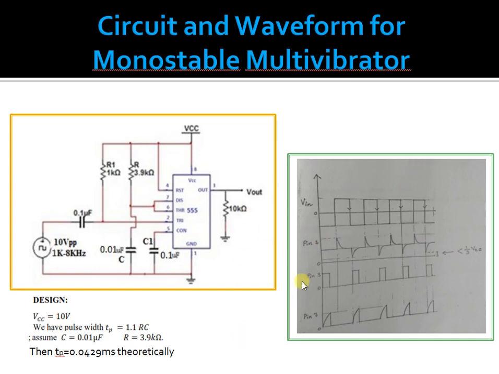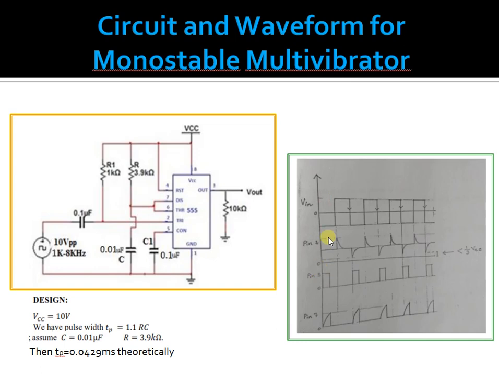And one more observation that we need to make here is that it is the pin number 3 which produces the output, and the positive pulse width is attained for a small duration of the input, during which the input is negative.